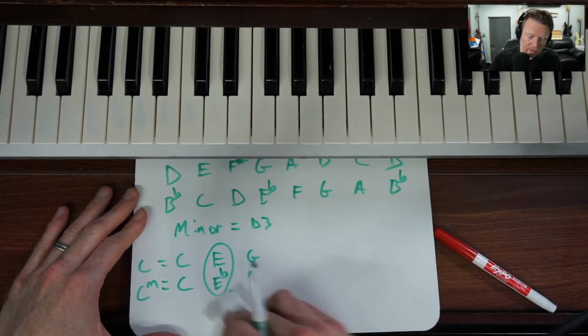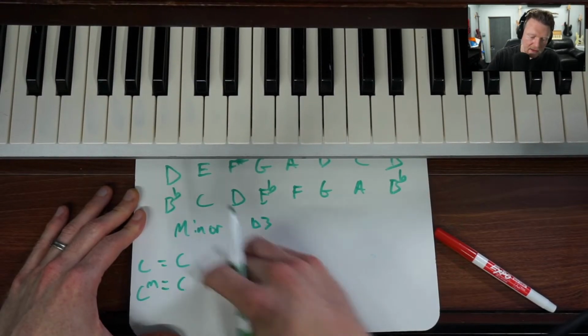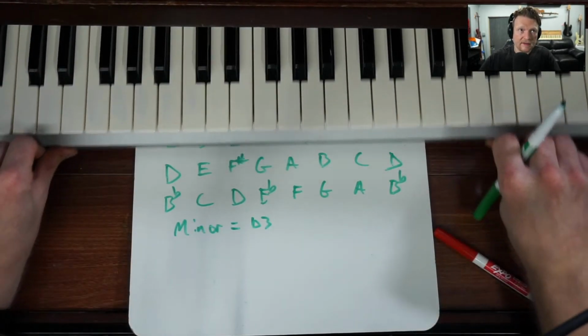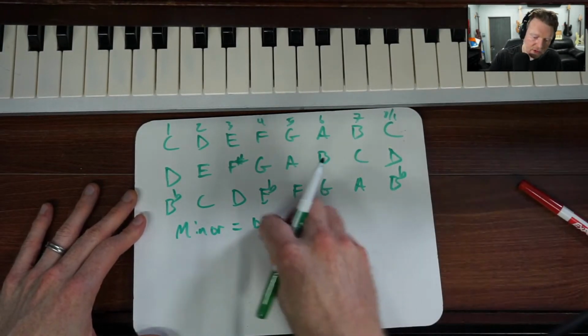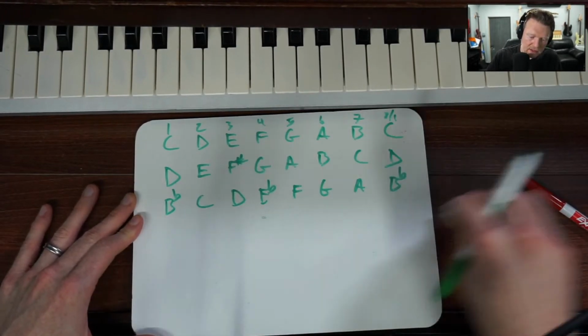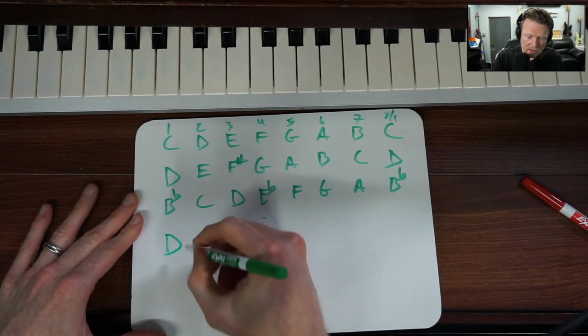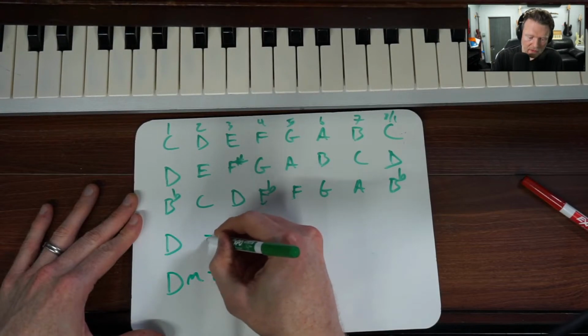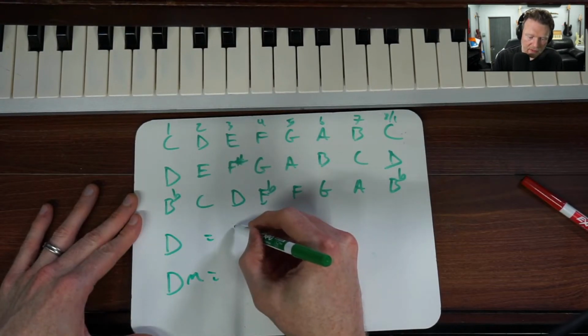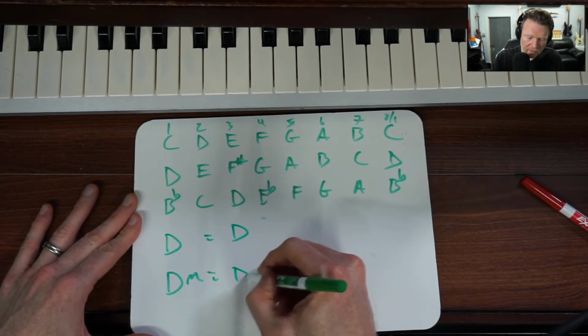Let's give a couple more examples here just to be good with these. Let me scoot that back a little bit. All right, so let's do it in D. Let's say our D chord and then our D minor chord. D minor versus D. So 1, 3, 5, we're going to have D, the same in both of them. There's our 1.